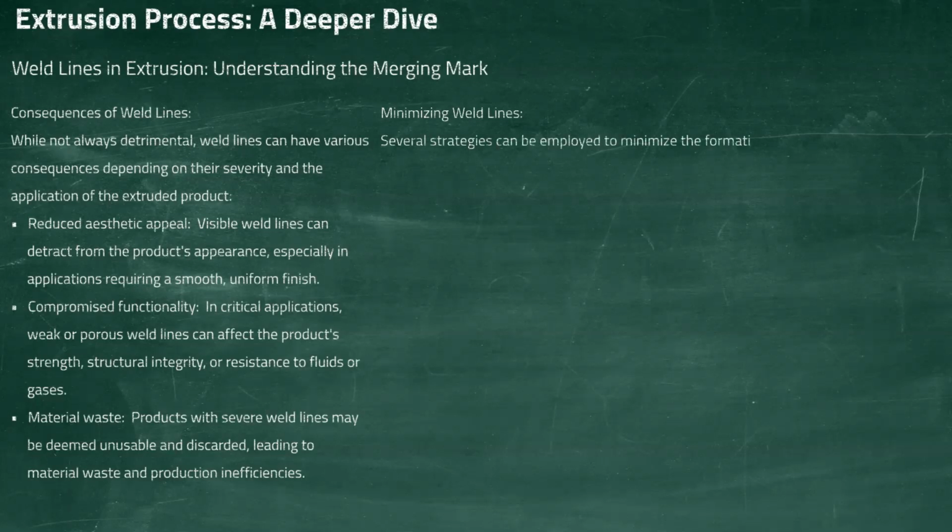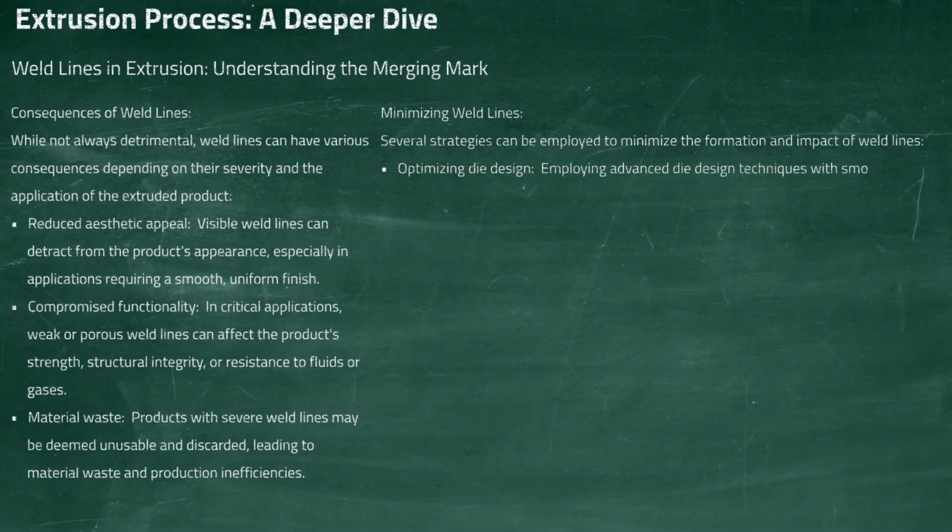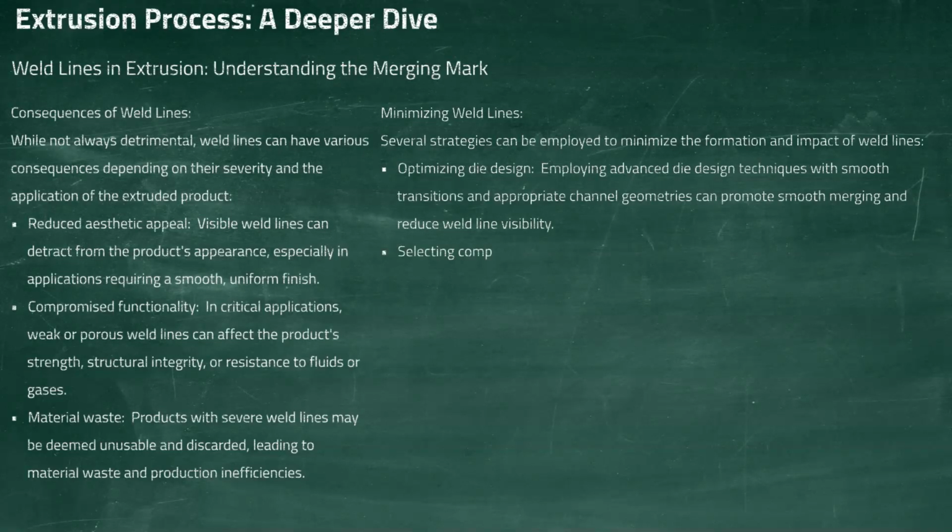Minimizing weld lines. Several strategies can be employed to minimize the formation and impact of weld lines. Optimizing die design: employing advanced die design techniques with smooth transitions and appropriate channel geometries can promote smooth merging and reduce weld line visibility.